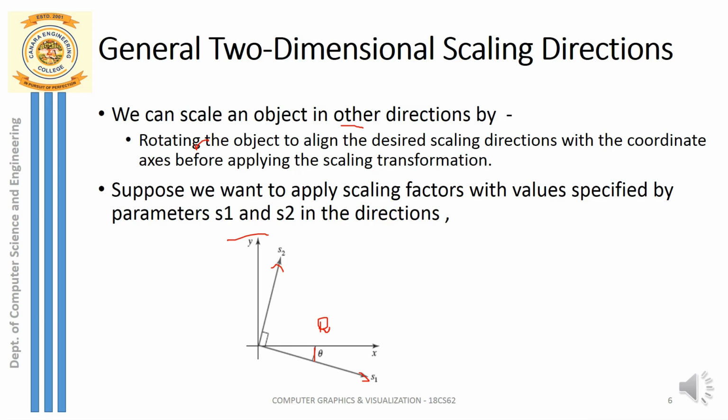This orientation is done by applying rotation. So first rotate the object by an angle theta in order to align the desired scaling direction. Before you apply the actual scaling, we have to align the object by performing rotation, that is, rotate the object in the desired scaling direction.